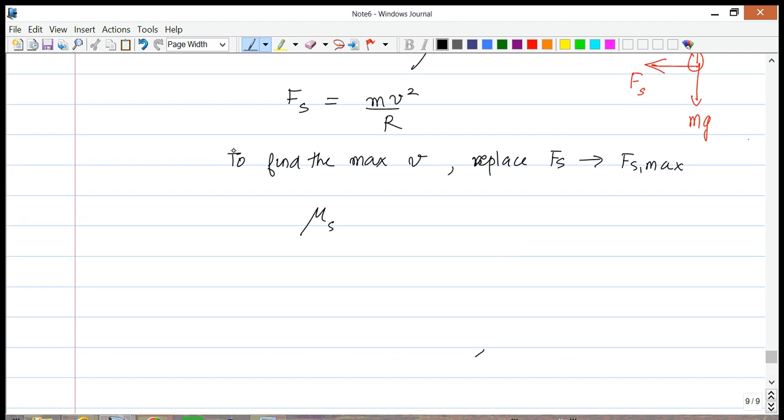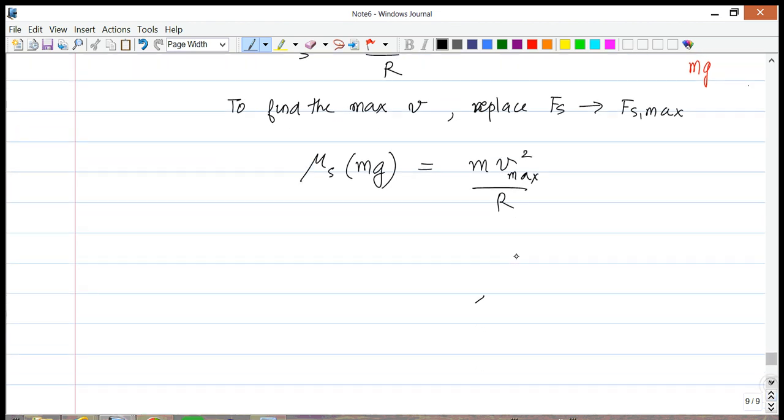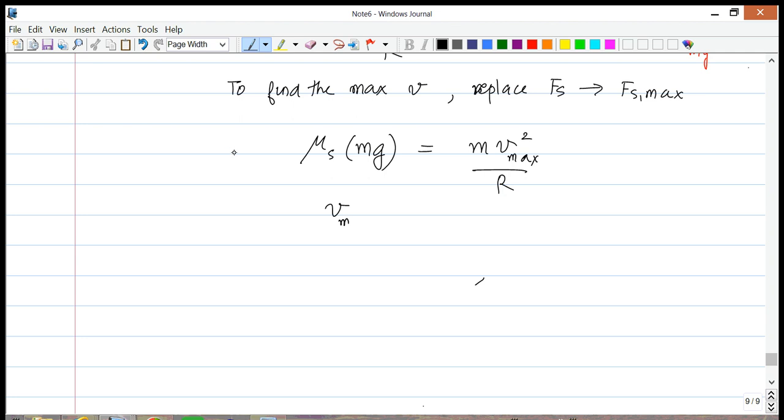So we have mu s times fn, which in this case happens to be mg, equal to m times v, I'm just going to call this v max, square over r. So v max square is equal to mu s times g times r. The masses cancel out.